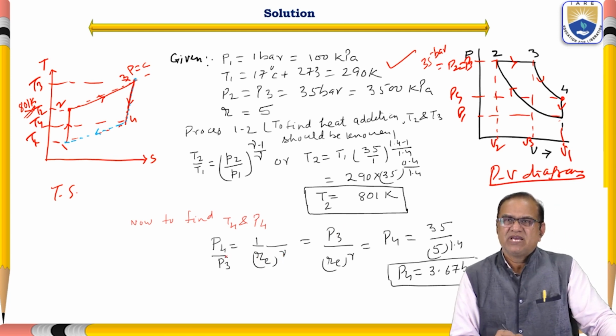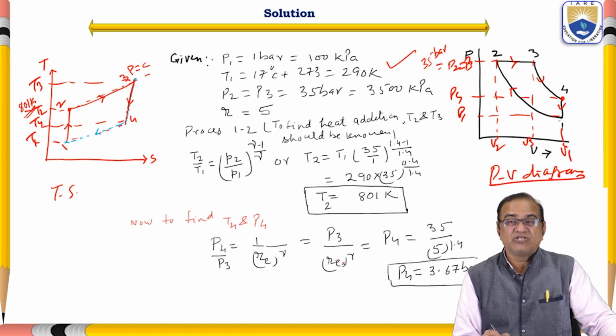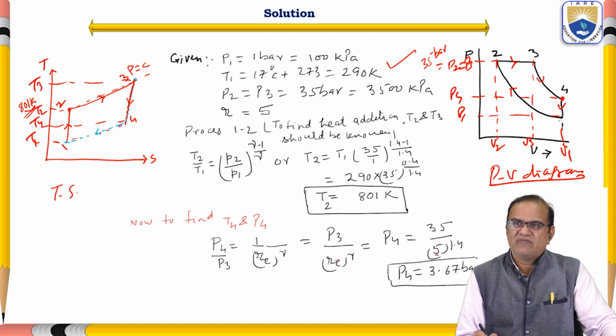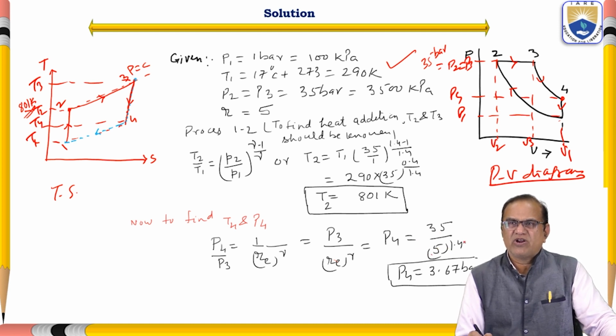So P4 is equal to P3 divided by RC to the power gamma. The compression ratio is given, so compression ratio is 5. So P4 is equal to 35 divided by 5 to the power 1.4.